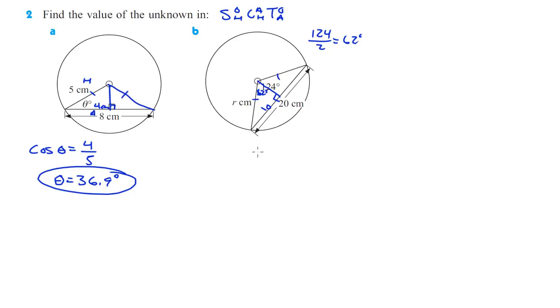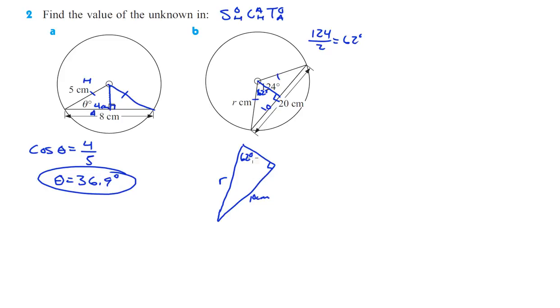So if we redraw just this triangle right here, we've got this here, that's a right angle. This is 10 centimeters. This is 62 degrees. And we're trying to figure out what this is here.